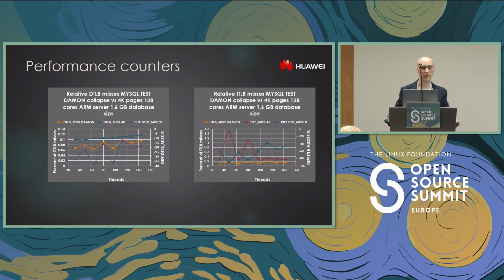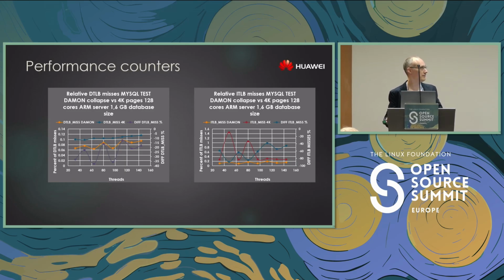Okay, one thing, if we go back to my first slide when I talked about TLB and so on, I mentioned TLB hits and TLB misses. We went to the performance counters for this ARM processor. We tried to find out whether our hypothesis was correct or not.